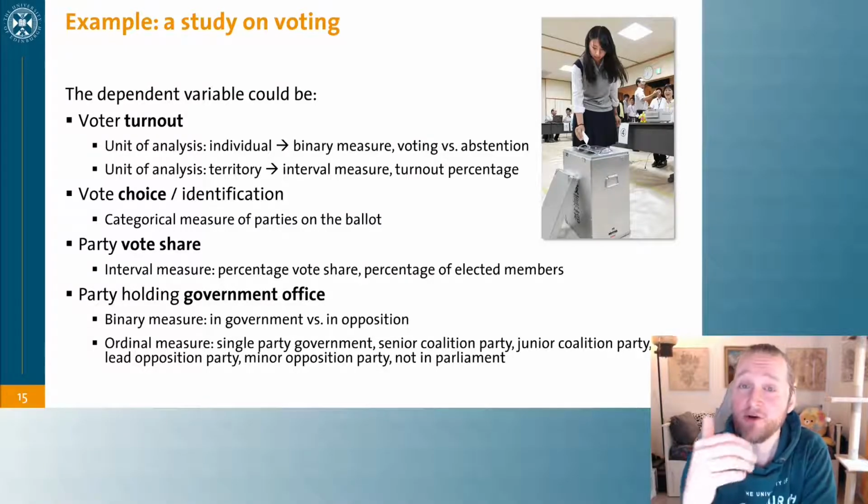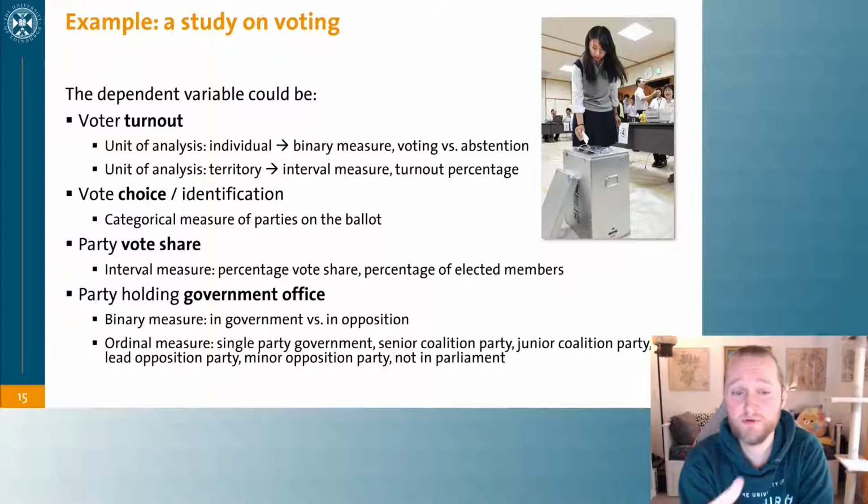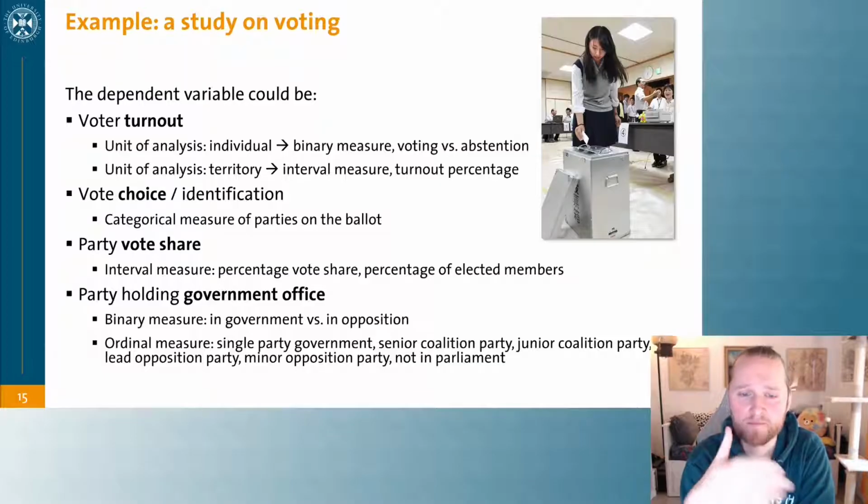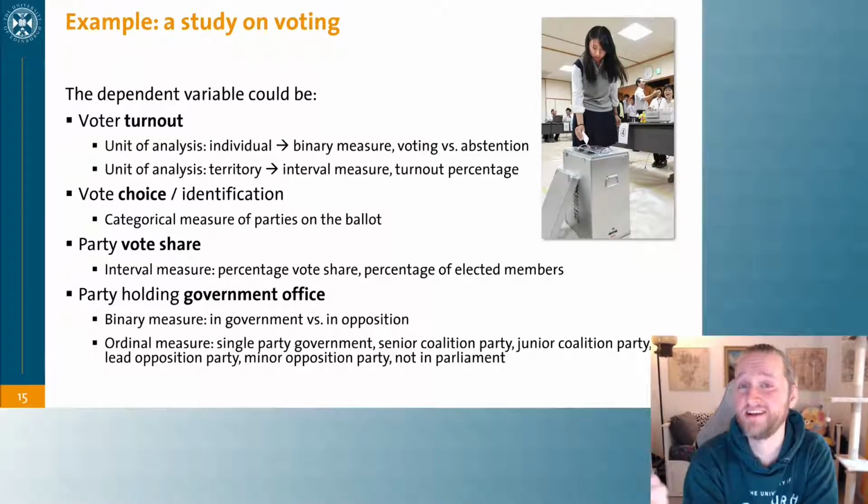We could also, as we study voting, look at party vote share. So what explains what proportion of the total vote specific parties got? In this case, we have what's called an interval measure: the percentage of the vote share, or maybe the percentage of elected members that a particular party gets.